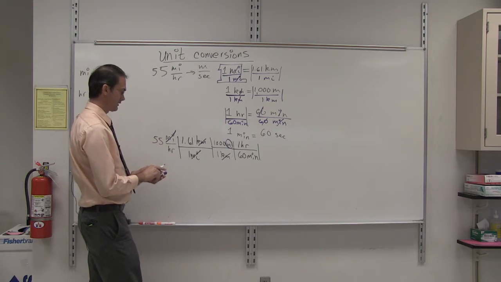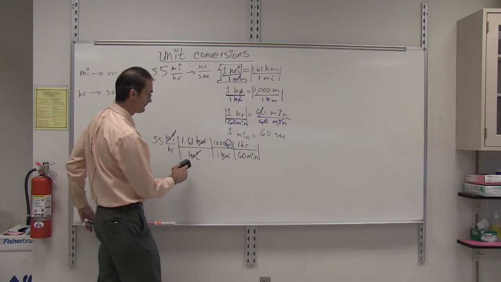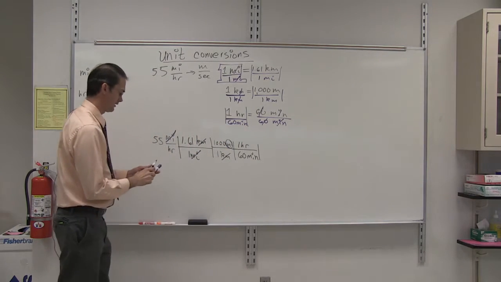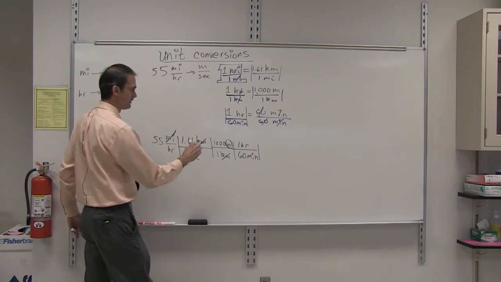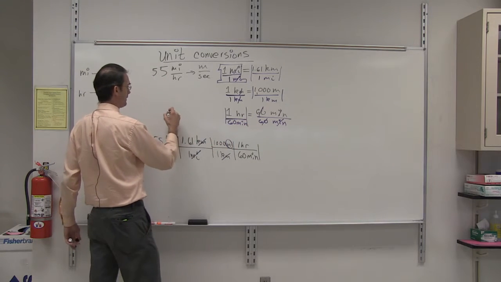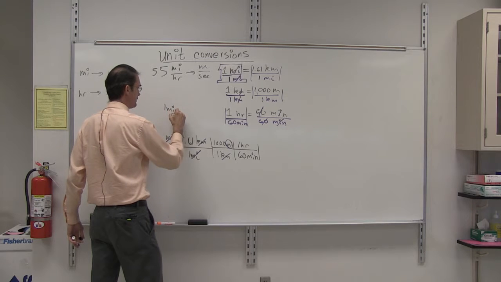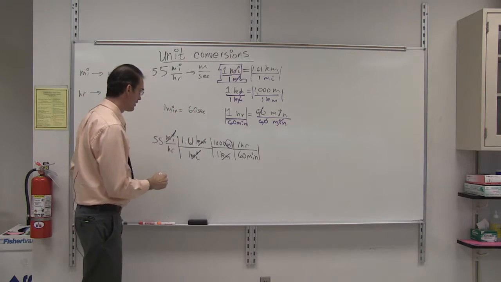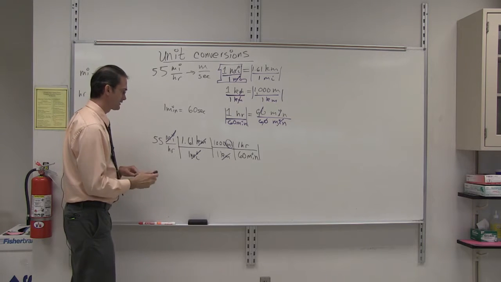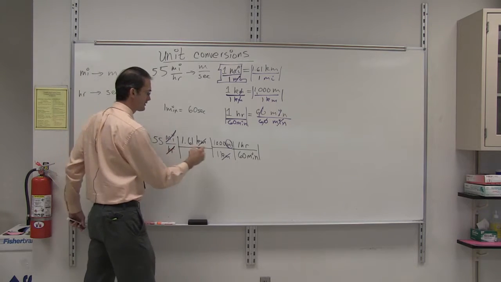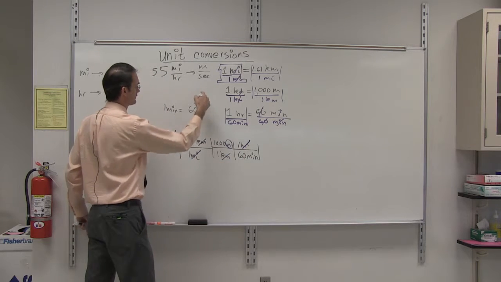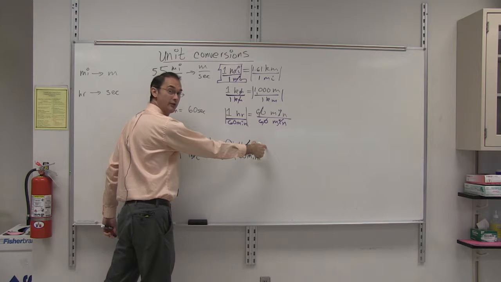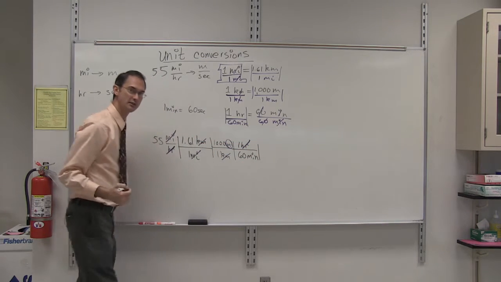For the next conversion, I'm obviously going to need a little bit more room, so I will rewrite this over here, and I will have 1 minute set equal to 60 seconds. And as we saw before, if the hours are canceled out, I have minutes downstairs. If I have minutes and I want to go to seconds, then think to yourself, do I want minutes upstairs in my conversion factor, or do I want minutes downstairs in my conversion factor?